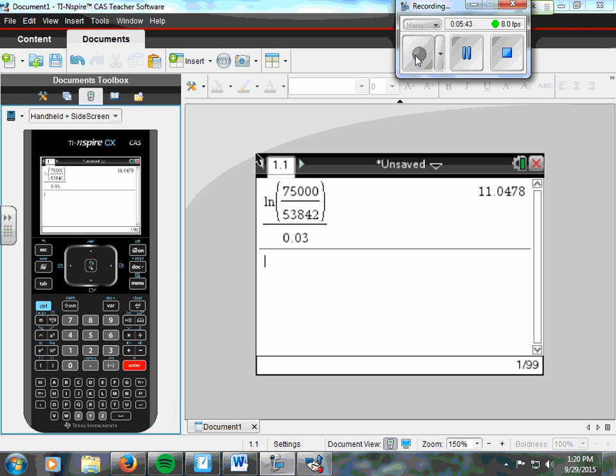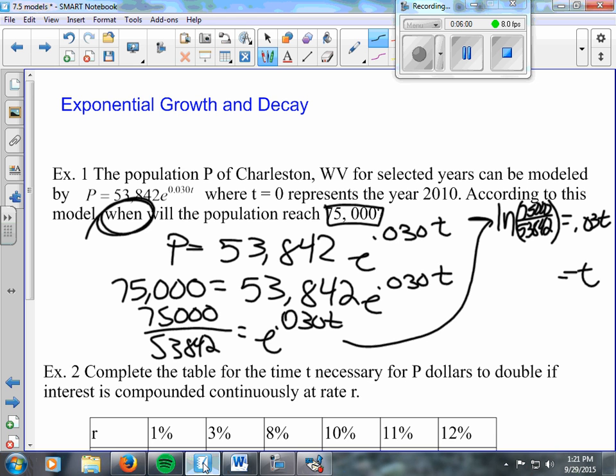Okay, and so I have pulled up my calculator here and I have typed in the 75,000, the natural log of that ratio, and then divided by 0.03, and I have the number 11.05. So that means that t is 11.05 years.